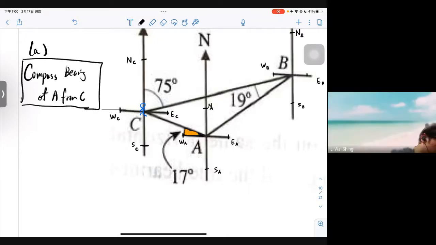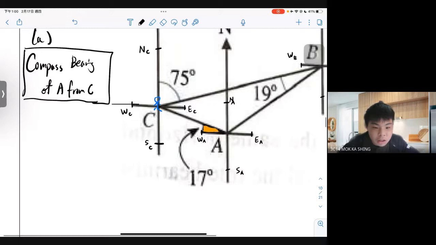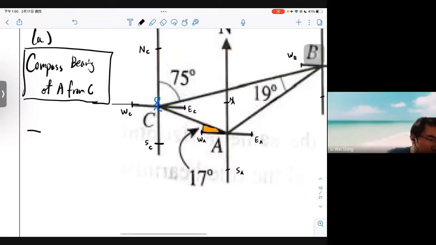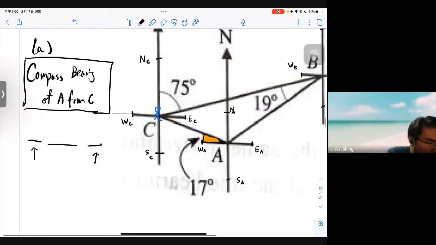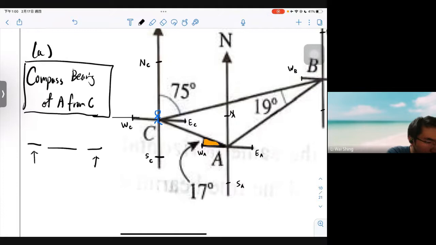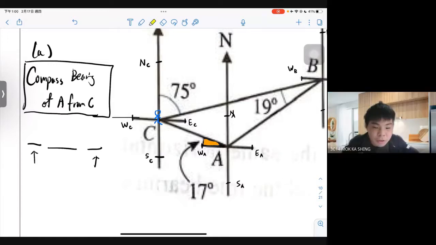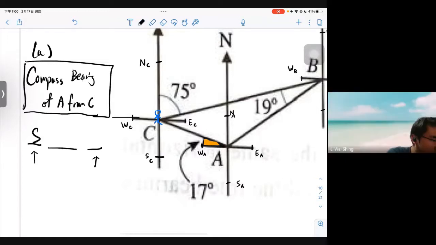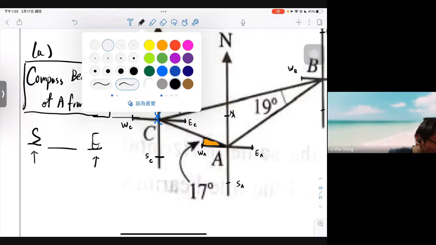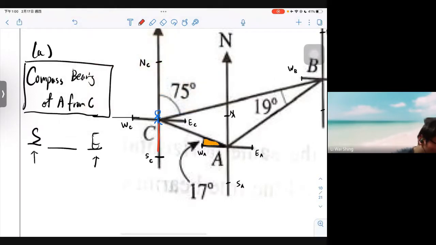The compass bearing of A from C, or you give me the direction first. From where to where? From C looking towards A, from south to east. South to east, correct.